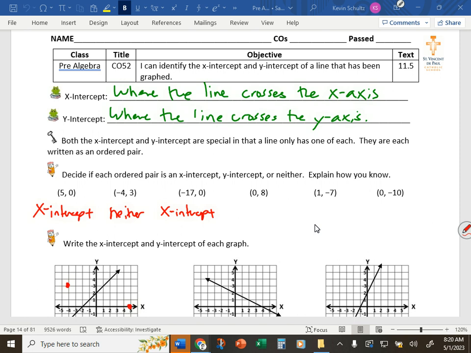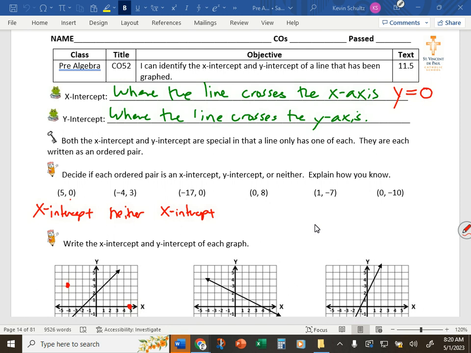So let's bring this one home. William, what is true about the y values for each of the ordered pairs we've said are x-intercepts? They're both 0, okay? And that's the key point for an x-intercept. For an x-intercept, the y value will always be 0. Because to be on the x-axis means we're not going up, we're not going down. There's no vertical movement there, only horizontal.